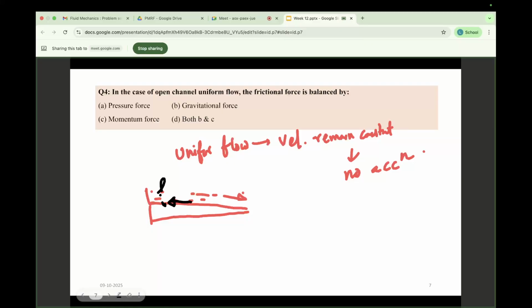This is my friction force, say F represents this friction force. Something should be there that will oppose this friction force. What will oppose it? Because of this water there is a certain weight, and at an angle theta there is a component that will work here, right?